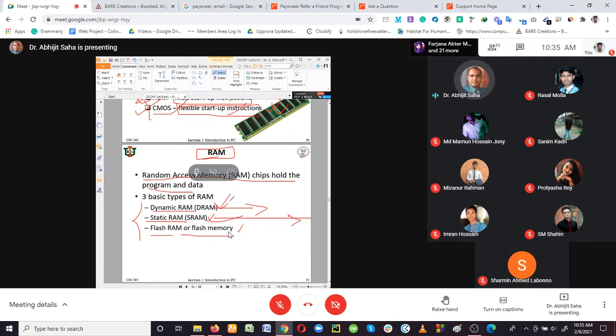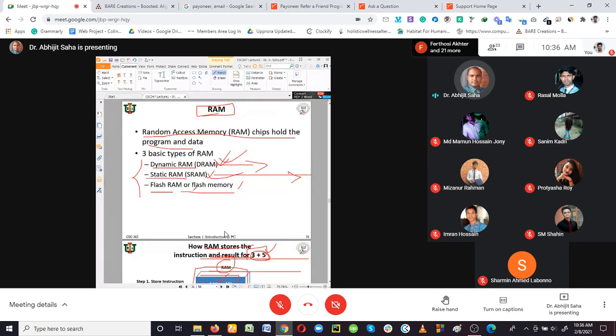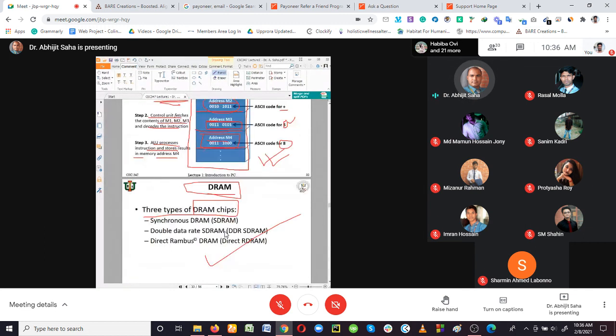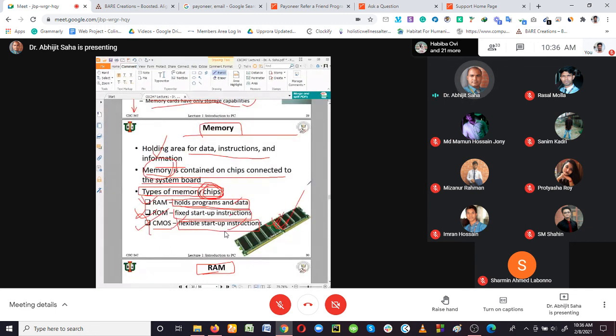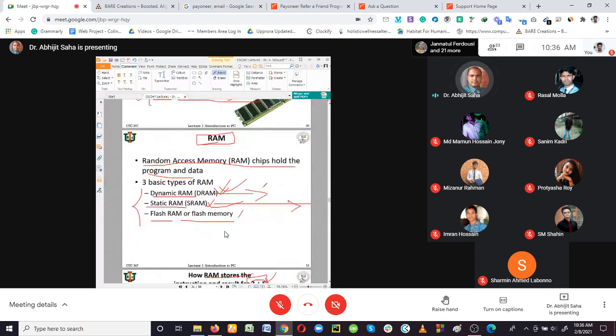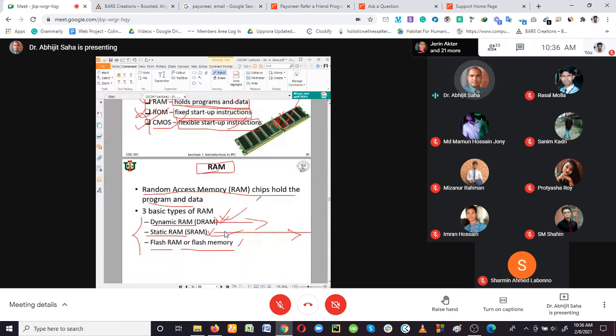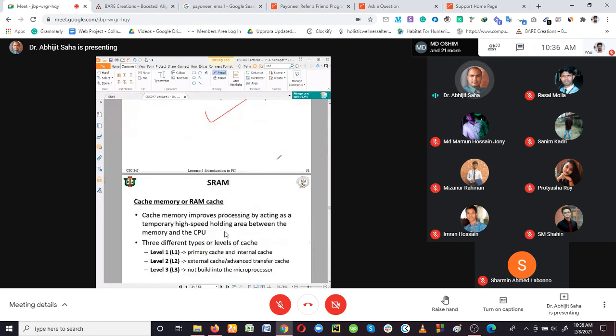Here we are mainly focusing on the capacitors in the case of dynamic RAM, and the price is reduced because fewer components are required for dynamic RAM compared to static RAM. That is why in the computer's main memory we use DRAM, and we install the DRAM into our memory slot. If we could use static RAM, then our computer could be much faster. But the problem is that static RAM is very expensive, and that's why it is not used as the main memory that we install into the memory slot.